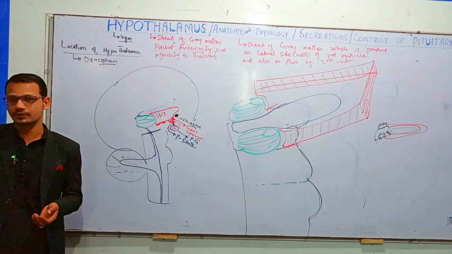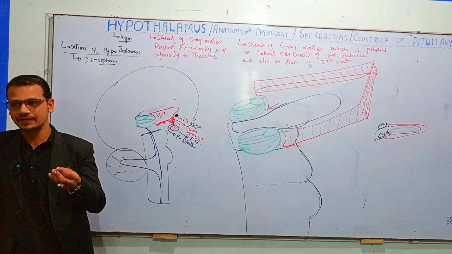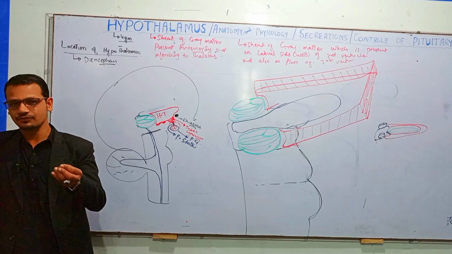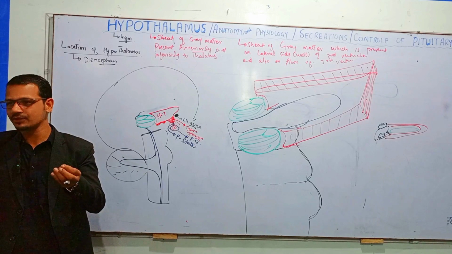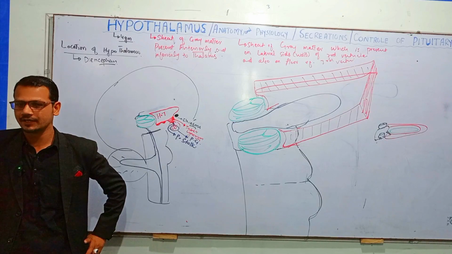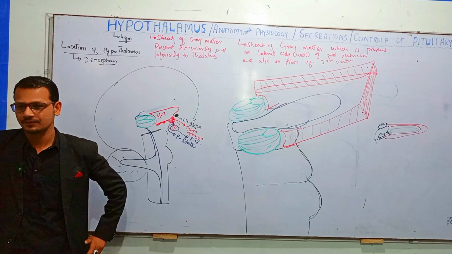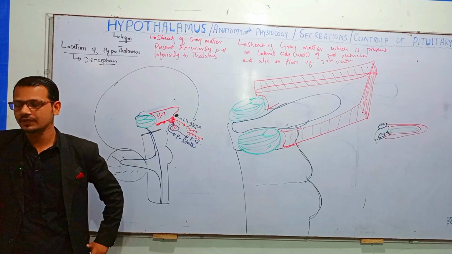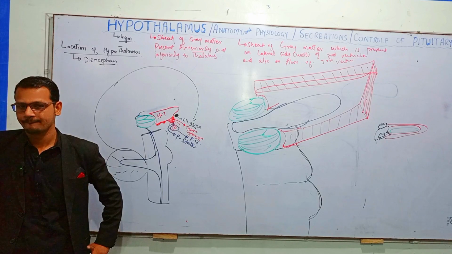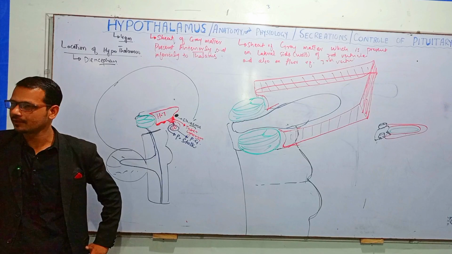Right? Now we will discuss the hypothalamus. Actually, what is the hypothalamus, what is the function of the hypothalamus, or what nuclei are present in it. First of all, you will tell me what is a nucleus in the brain. What do we mean by nuclei in the brain? I have discussed this in the cell. In the brain we have two things, the white matter and gray matter.